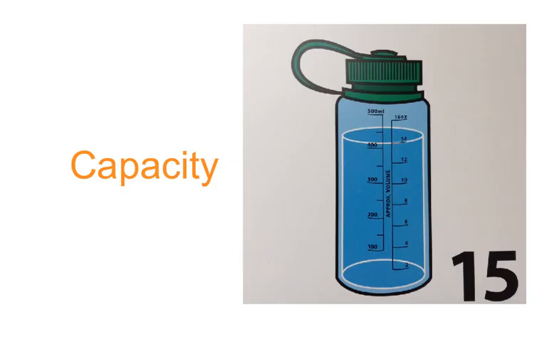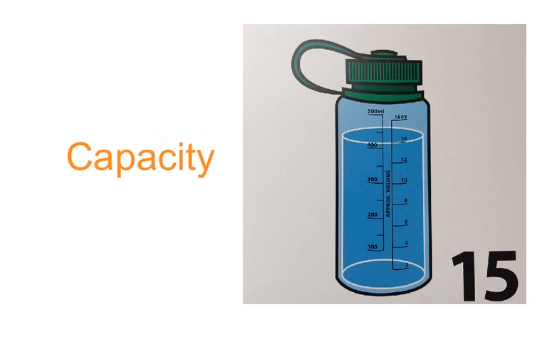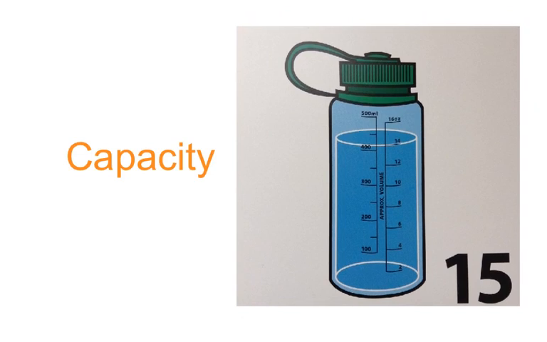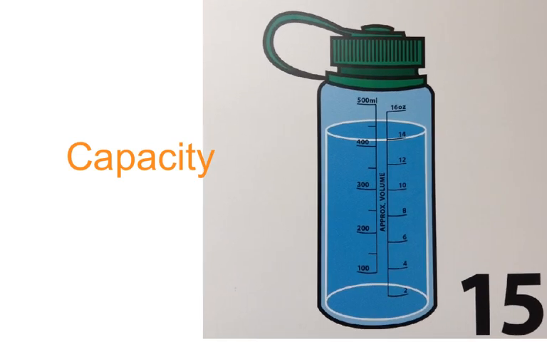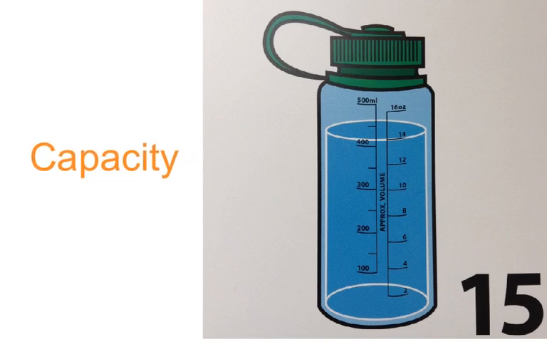If you wrote down capacity, nice job. April 15th shows a picture of capacity. It's showing us how much water is in this water bottle. I'm going to make the picture a little bit bigger so we can look at the 2 measurements. On this side, it's showing us ounces. Ounces is a way you can measure liquid.